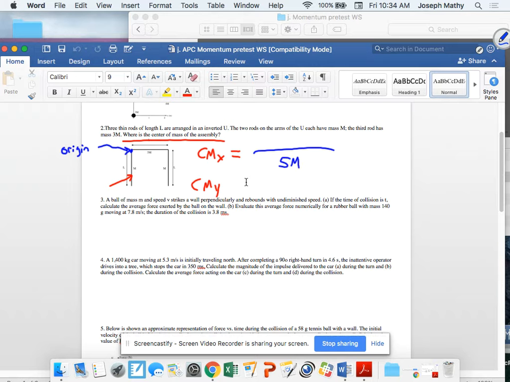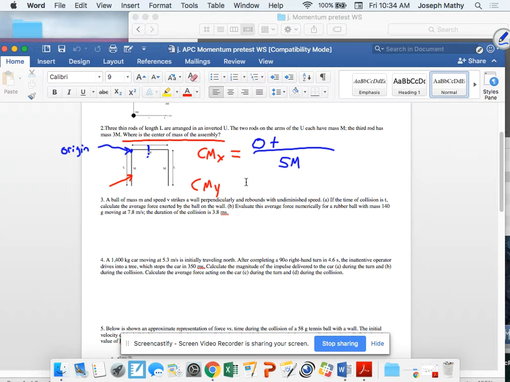My first mass is here, but it's at 0. My next mass is right here, but where is this thing? Geez, its center of mass will end up being right in the middle of that thing. So that's going to be a half.